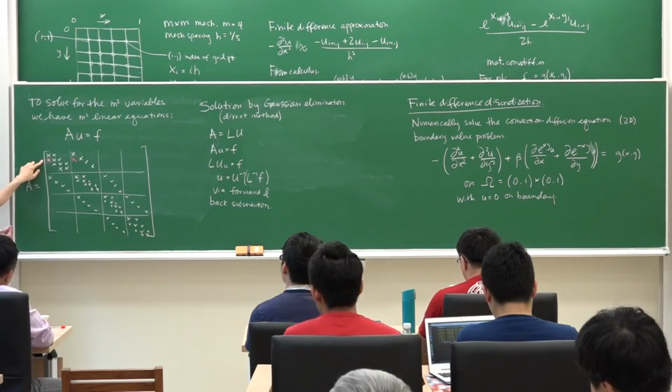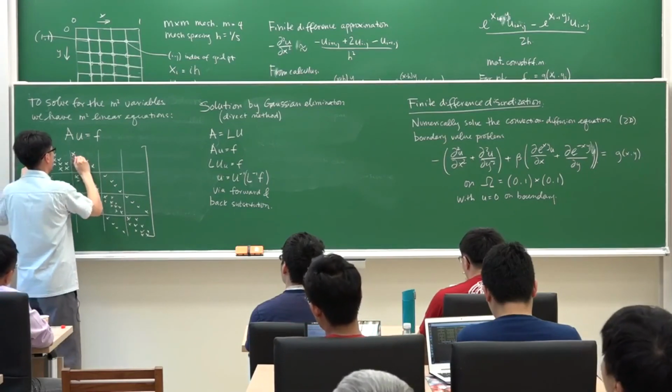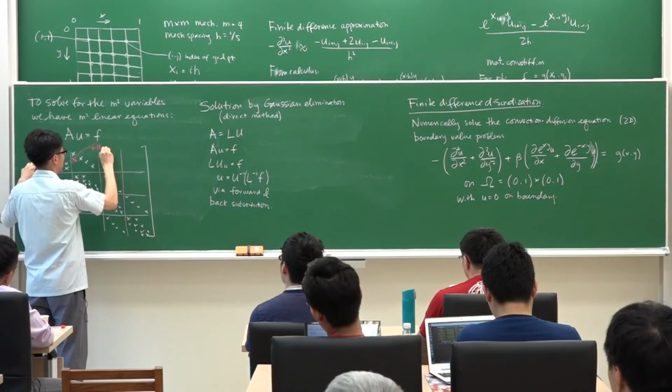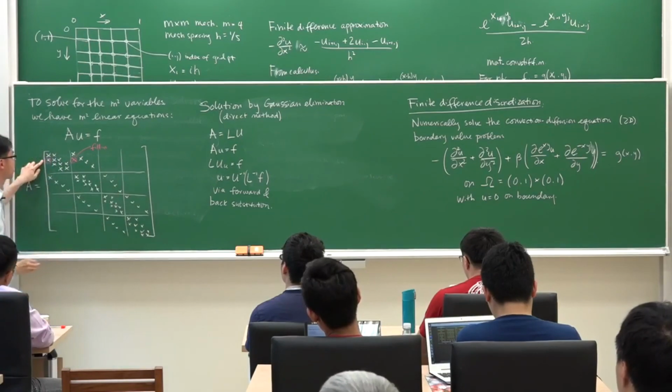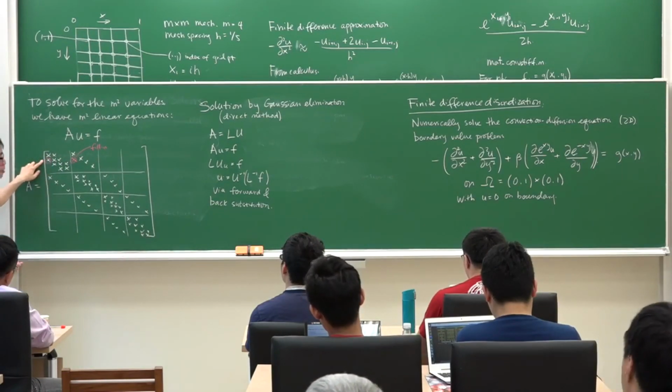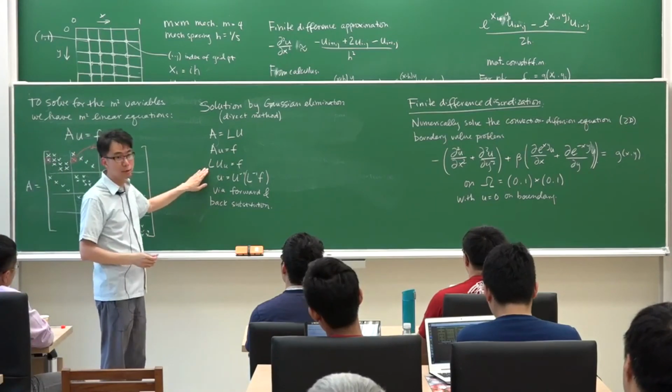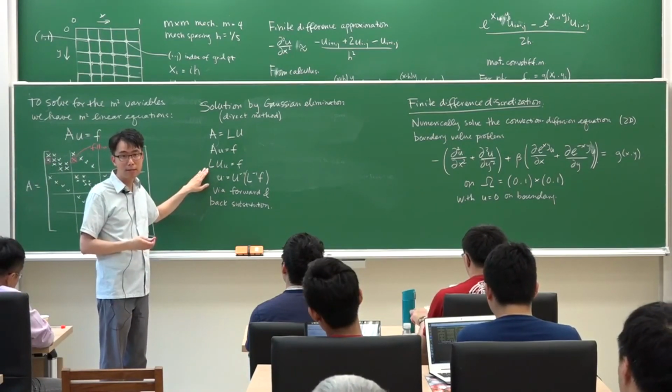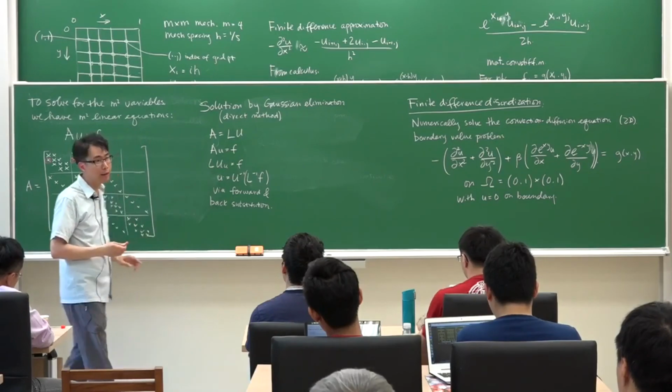This non-zero is called fill-in. It means that the sparsity pattern of L is going to have more non-zeros than the sparsity pattern of the lower triangular part of A.